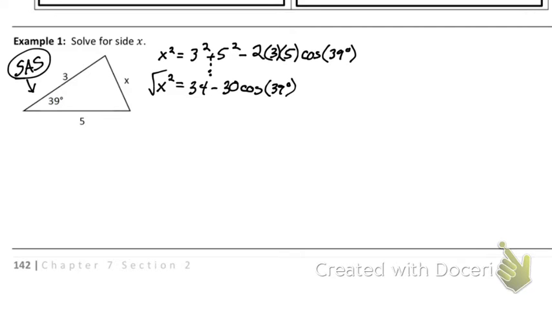You would need to take the square root of both sides, and you should come up with x is about a positive 3.3, because although square rooting gives a positive and a negative, we're talking distance, so we're going to have 3.3. We're not on the unit circle right now. It's just a regular triangle. So double check to make sure when you plug this in a calculator you get 3.3.